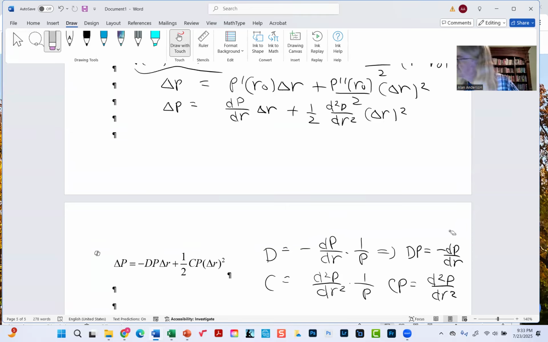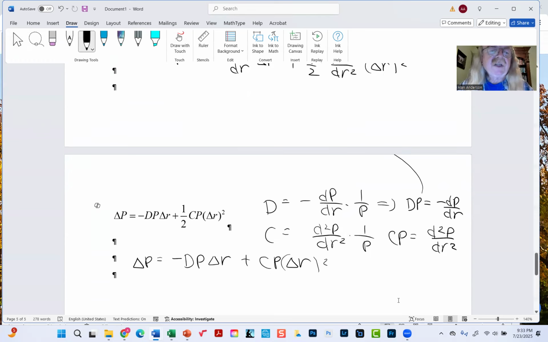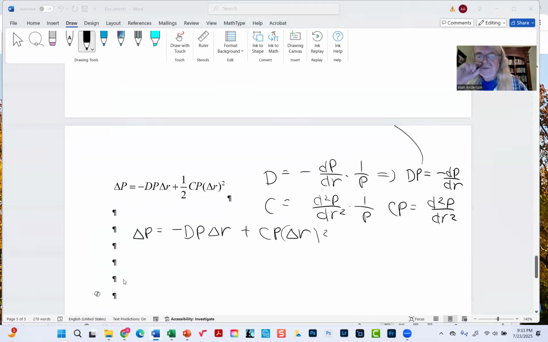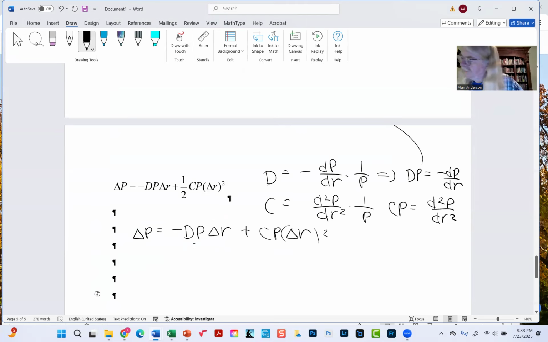Yes, in other words, that tells me that we have this, and then we can divide both sides by P to turn this into a percentage price change as opposed to a dollar price change. And that would give us this.